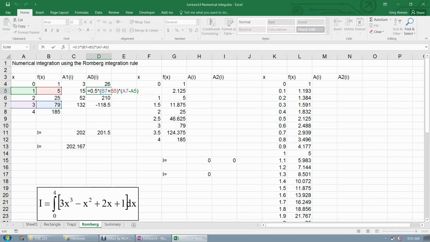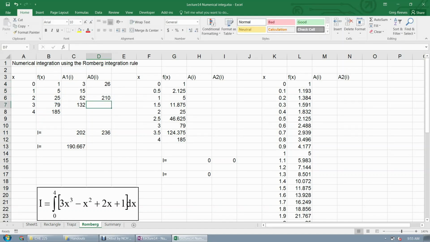Now I can't just fill this down, because if I do, I'm going to get more subintervals than I want. I only want 2 subintervals here, because otherwise we're double counting.